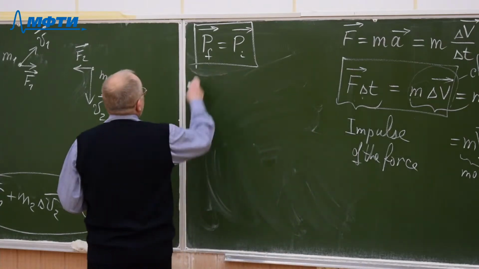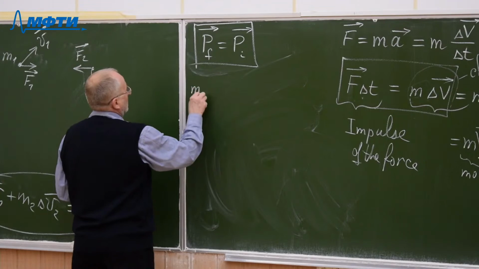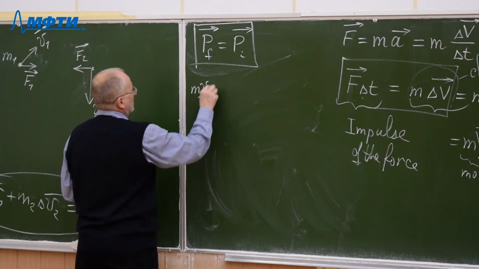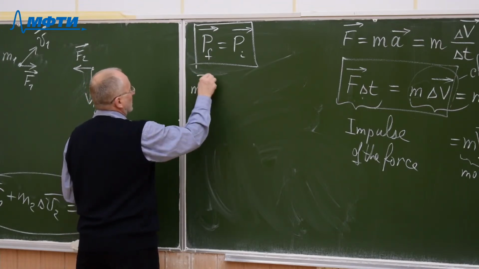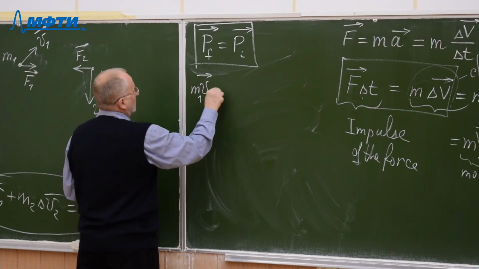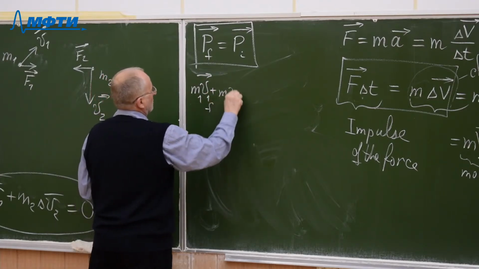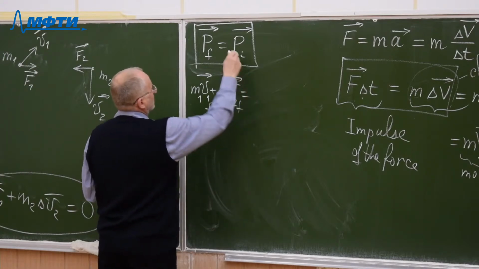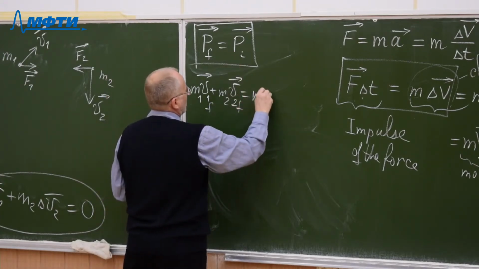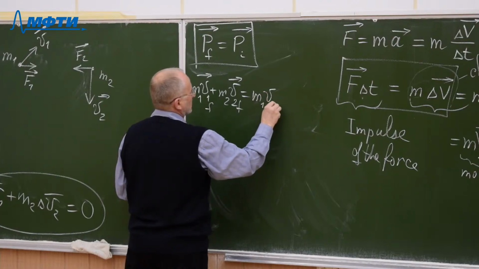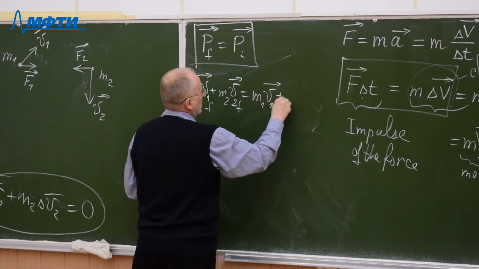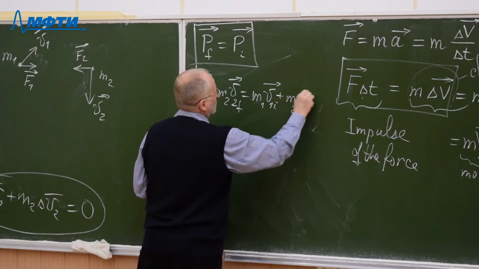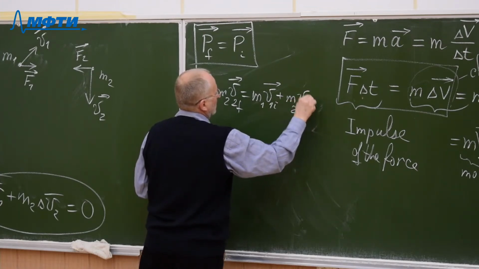What is the final momentum? m1 times the final velocity of the first particle plus m2 times the final velocity of the second particle. And what is the initial momentum? m1 times the initial velocity of the first particle plus m2 times the initial velocity of the second particle.